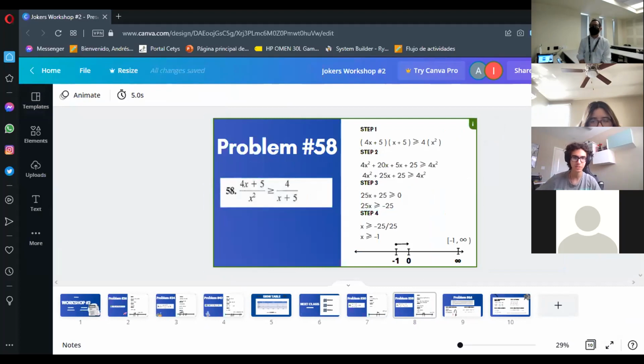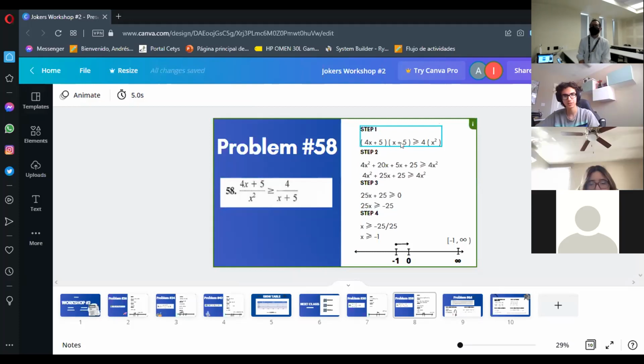Our first step was to remove the divisions. So then we have (4x + 5) times (x + 5) is greater or equal than 4 times x squared, because we move each division to the other side of the inequality.